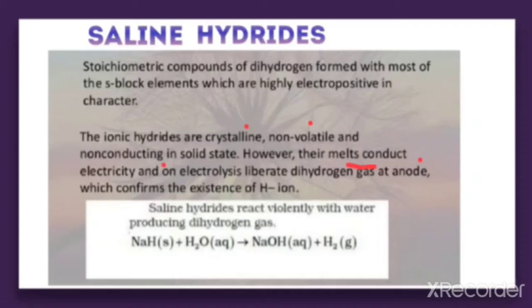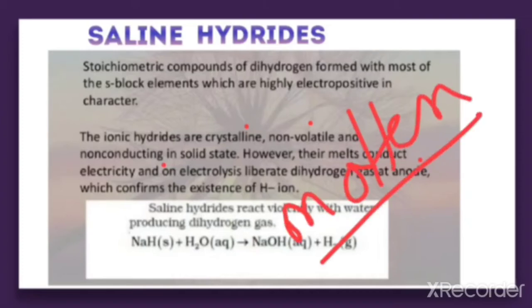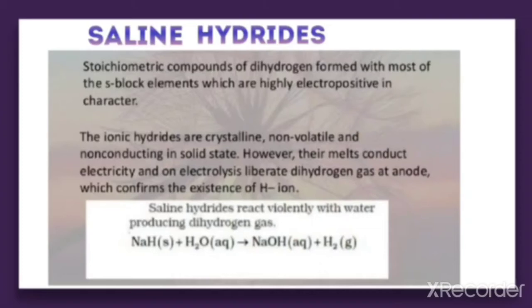So in the molten state they can conduct electricity. The four properties are clear from here: crystalline nature, non-volatile, non-conducting in the solid state, but conducting in the molten state, and during electrolysis they liberate hydrogen gas at the anode.